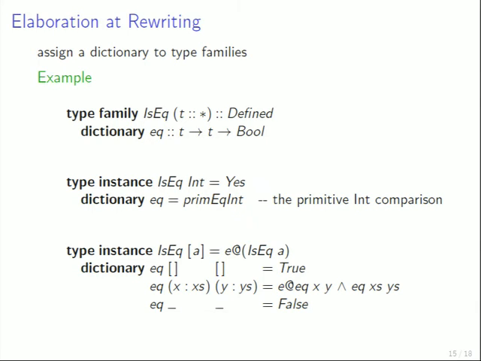Then we have to construct this function that checks for equality on lists. For doing so, we have to refer to the dictionary that we get from this recursive call of IsEq. This is what this syntax is meant to be. So we have this EAD, meaning give me the dictionary for this type family at this type, which we'll use here to check for equality on the heads of the list.